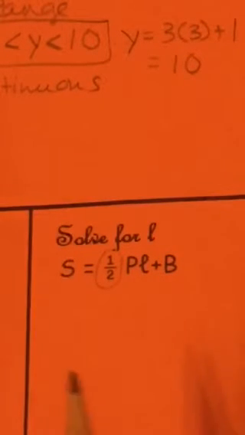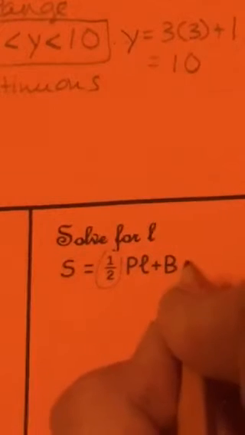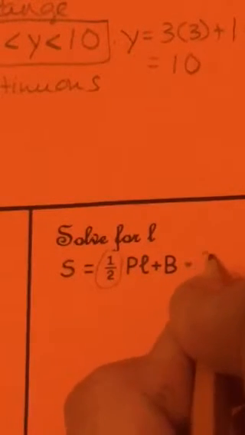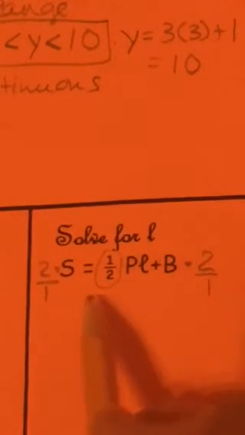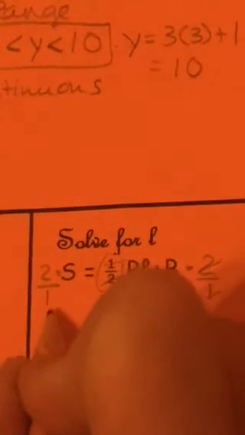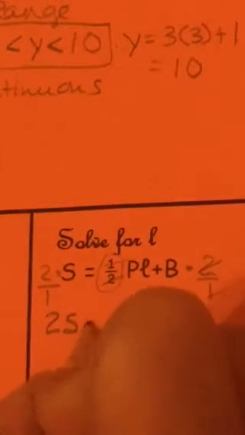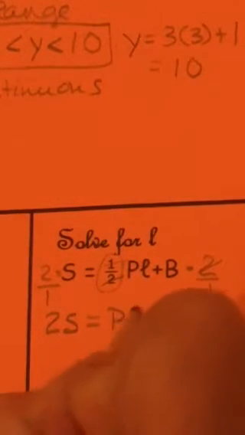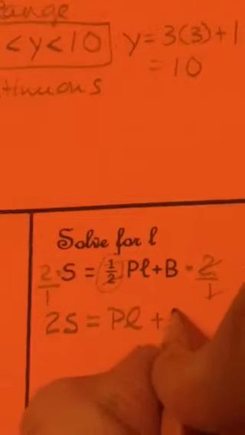We multiplied by the reciprocal. So 2 over 1 times 2 over 1. Then these two cancel each other out. So all you're left with is 2s equals PL plus B.